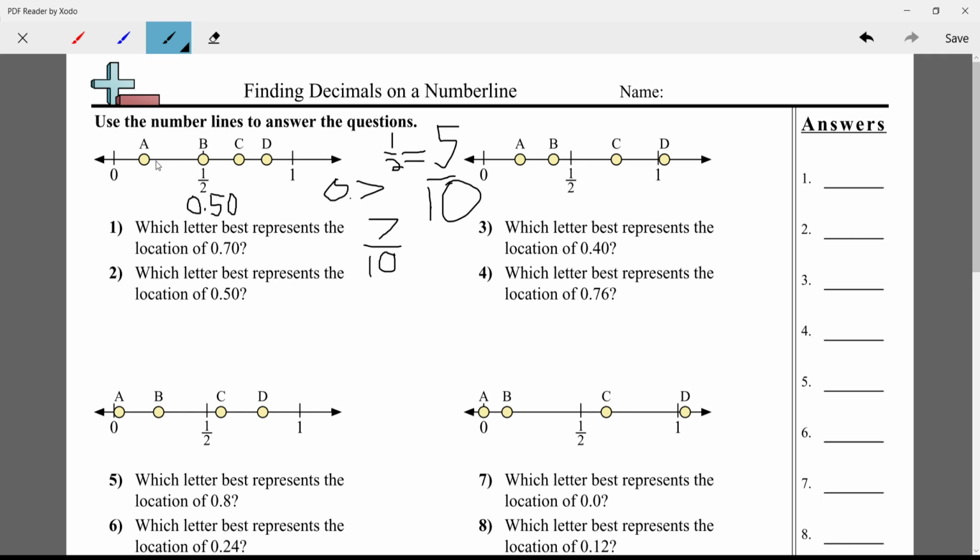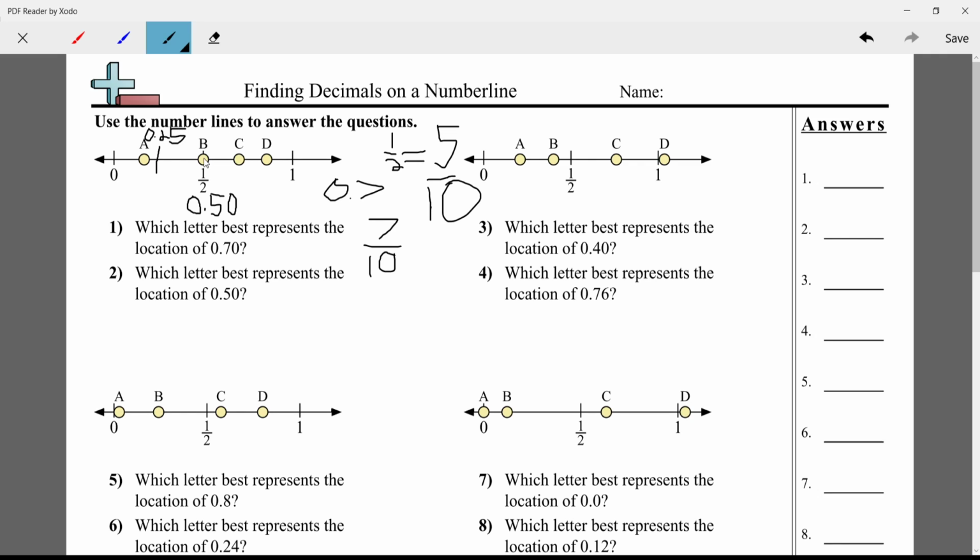Now, basically, I know that if I were to split this up into quarters, I can think about it like money. And so this would be half. This would be a quarter, which would be 25 hundredths, right? So 0.25.